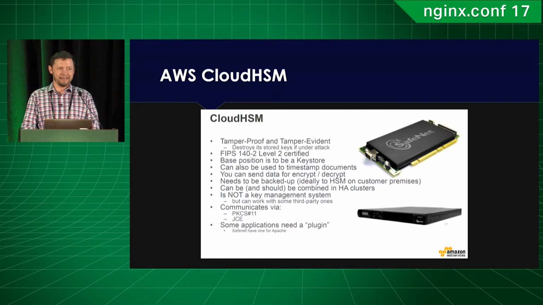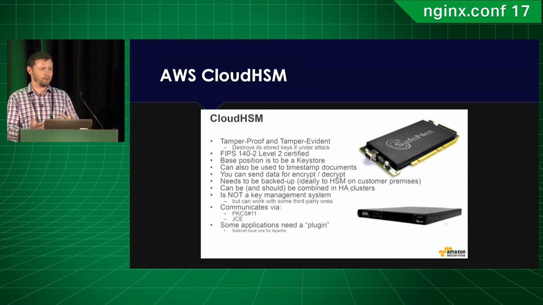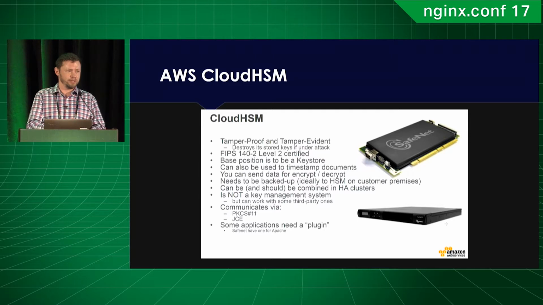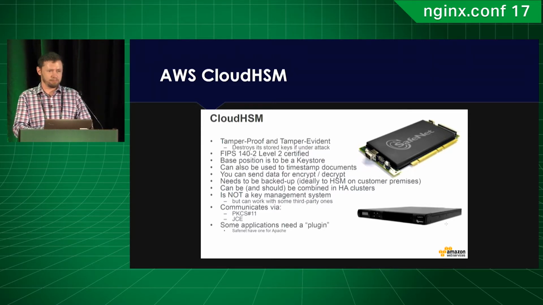Ask your friends at NGINX how to actually implement it. Because unfortunately, I haven't found an actual implementation guide from NGINX on how to implement this. But it's basically easy.